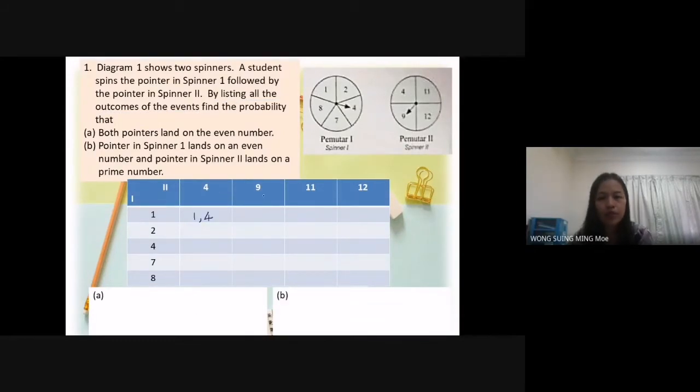So let's say the first pointer lands at 1 and the second pointer lands at number 4. So we have the outcome 1, 4. Maybe the first pointer is at 1 and the second pointer lands at number 9, and maybe it's 1, 11, 1, 12.